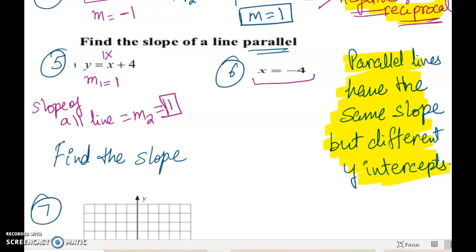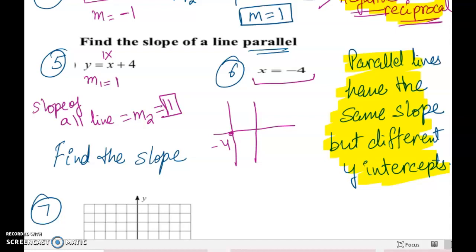Again in this question, we are stuck. There is no y value. I understand there is no y value. Try to understand using a graph. X is -4. Right? We have a line. Let me make it more neat. This is -4.